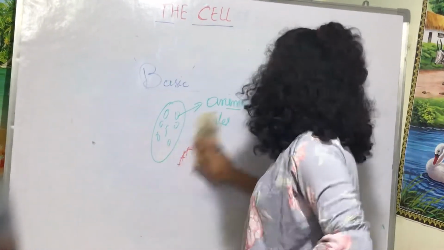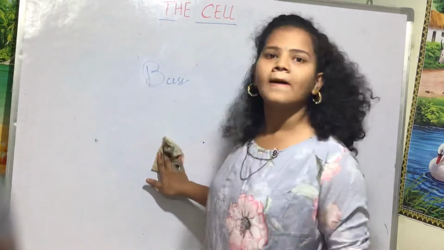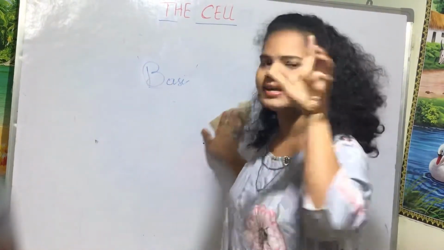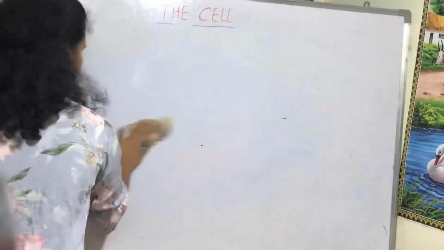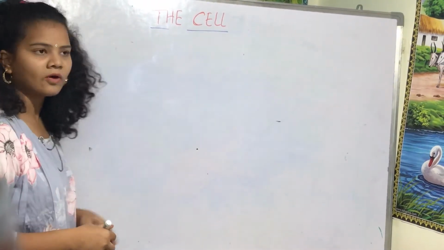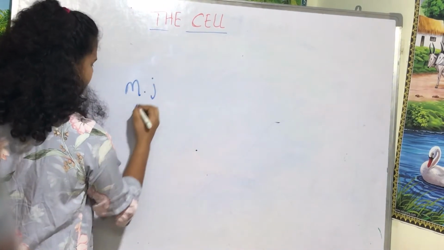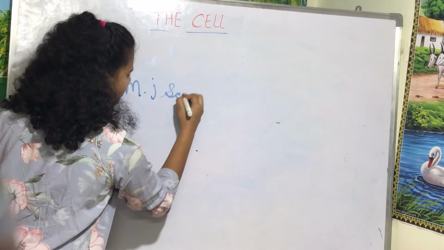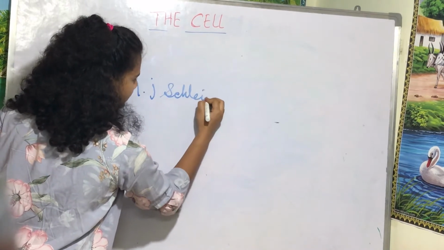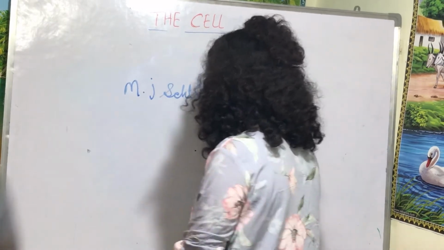And then we got two scientists here. So they were M.J. Schleiden and Schwann. So this Schleiden made a few observations on what? Plant cells. Let's write down here M.J. Schleiden, and Schwann over here.